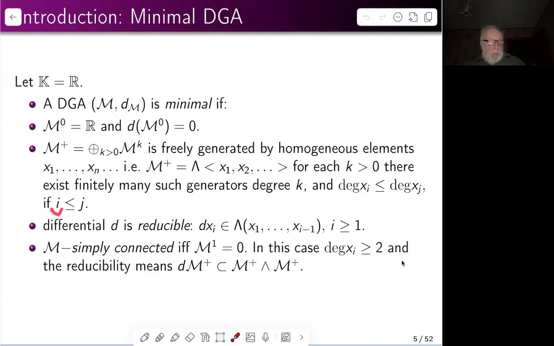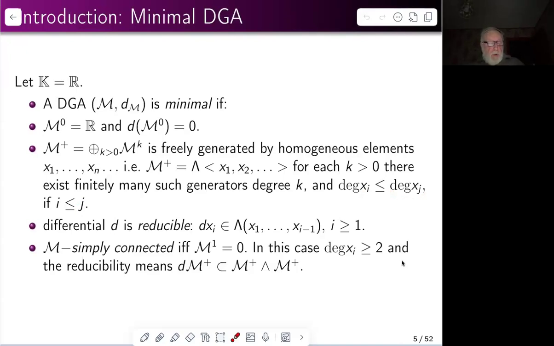If the index i is less or equal to j, then the degree of the corresponding element is less or equal to the degree of the other element j. And also we say that the differential d is reducible.